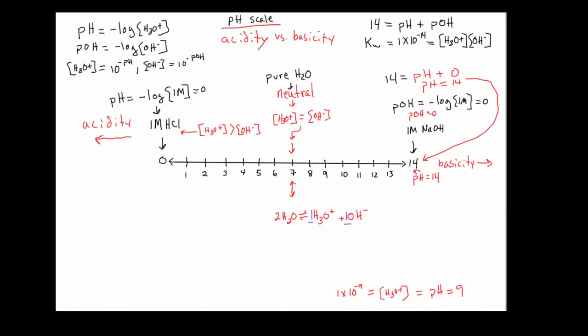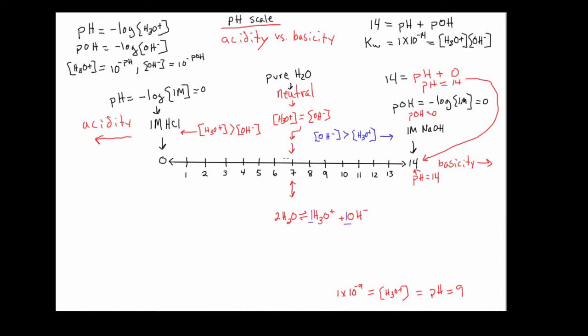And on the other side of 7, the OH minus is greater than the H3O plus, increasing in this direction. All right. So H3O plus is decreasing as we go from 7 towards 14, and H3O plus is increasing as we go from 7 towards 0.